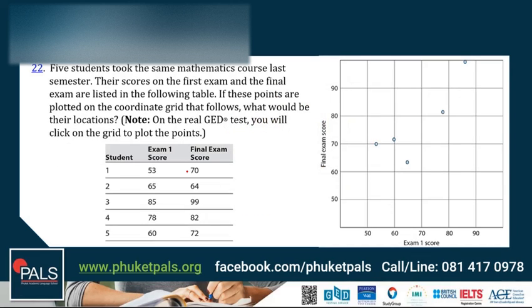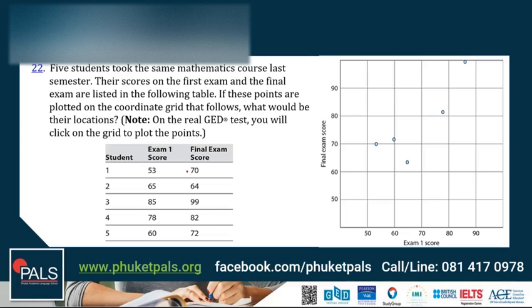Number 22. 5 students took the same mathematics course last semester. Their scores on the first exam and the final exam are listed in the following table. If these points are plotted on the coordinate grid that follows, what would be their location? So the exam 1 score is horizontal, then the final score is vertical.